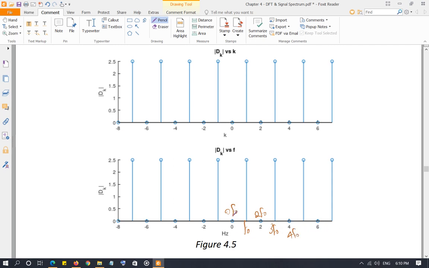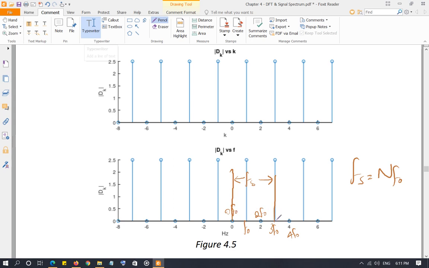So your one cycle is from here to here. This is your fs, the sampling frequency. Remember, the sampling frequency is n times f0, so 4 times f0 from here to here.